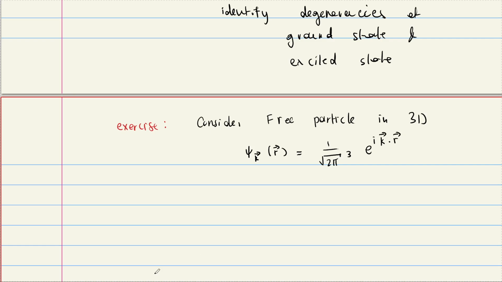Right, you need to solve each component separately. And if you also incorporate time dependence, you can also do that. This is going to be e to the minus i omega k times t, and h bar omega k is going to be h bar squared k squared over 2m.